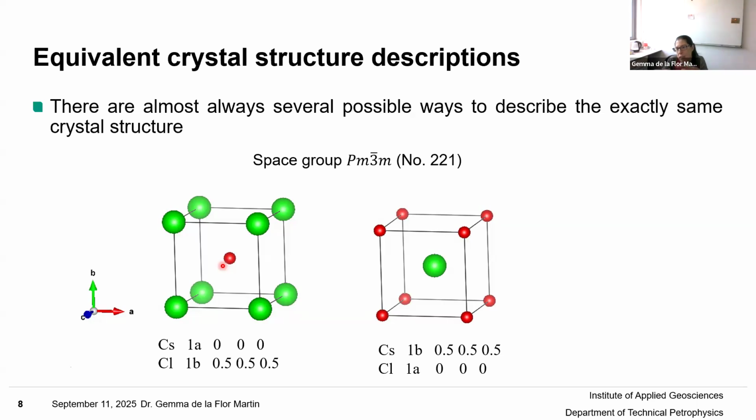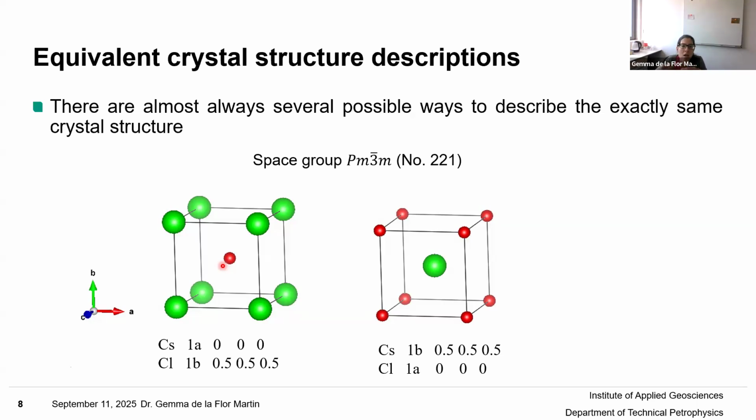This description depends on the coordinate system, in other words, on the chosen setting of the space group. However, even after fixing the setting of the space group, in most cases there are several equivalent but different descriptions of the same structure.